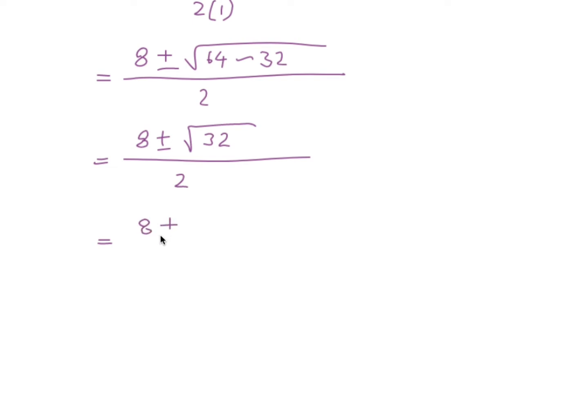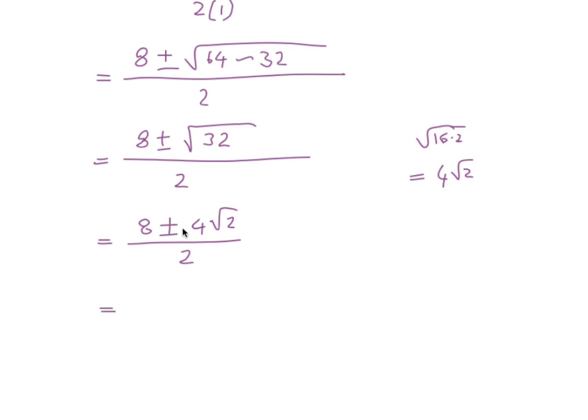This is 16 times 2. 16 is a perfect square, so the square root of 16 times 2 is 4 square root 2.